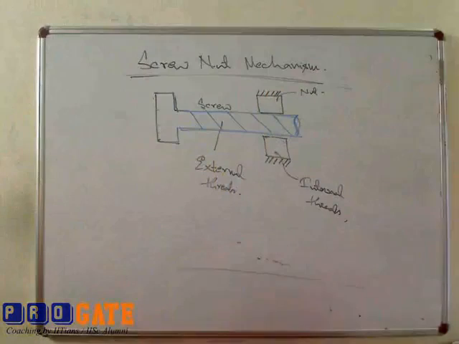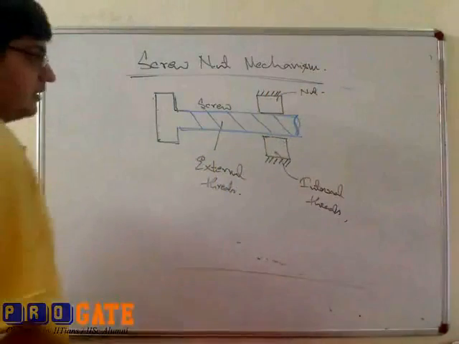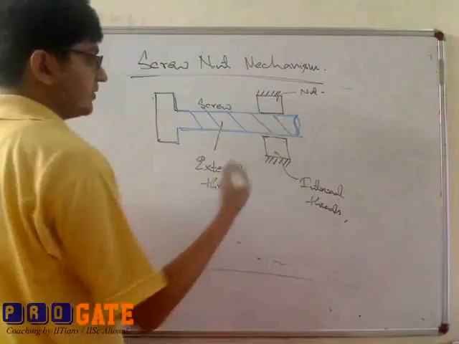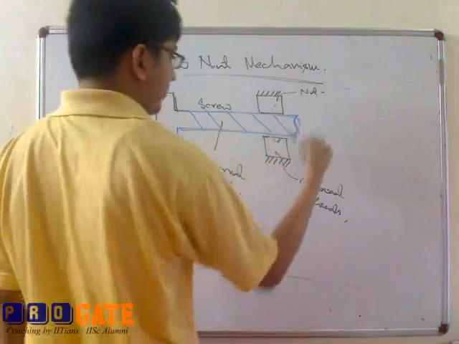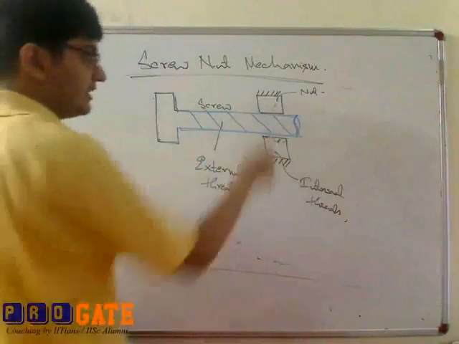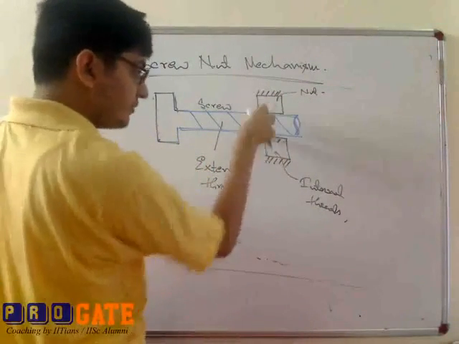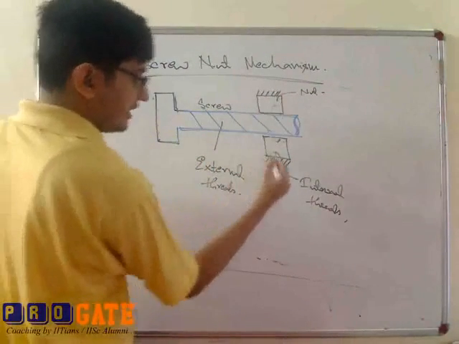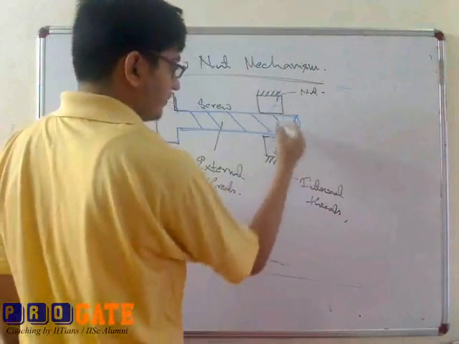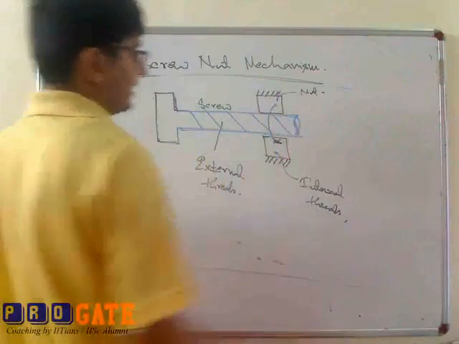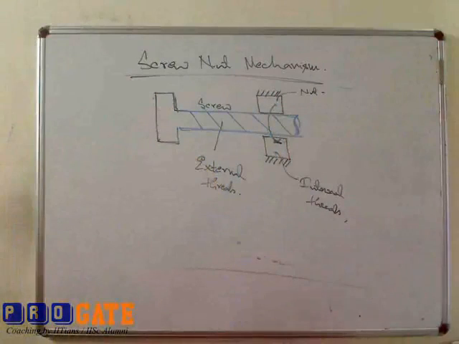So there is no translational motion of the nut. Fixing means, but you can give a rotational motion in the nut. So this nut is rotating in this fixed place. This black indicates the rotational motion of the nut.